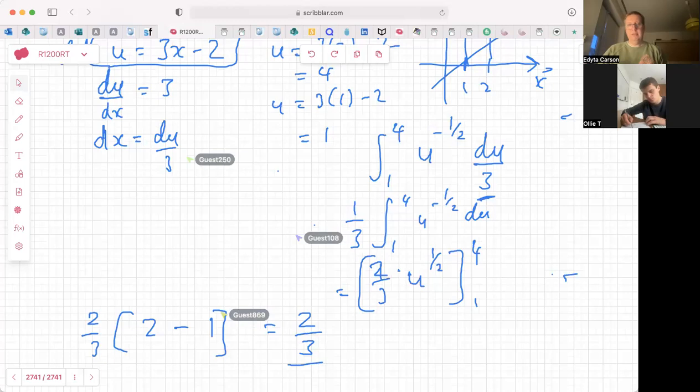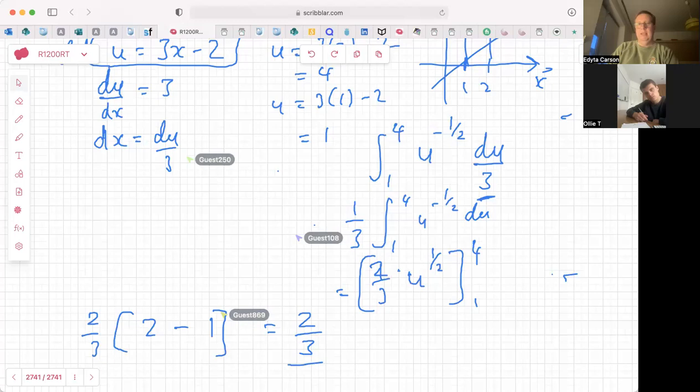Really, this is just the reverse of the chain rule, where we differentiate a composite function. But what if we want to integrate one? Same thing, let u equal that, and do it in reverse. Change it all into u and evaluate it.